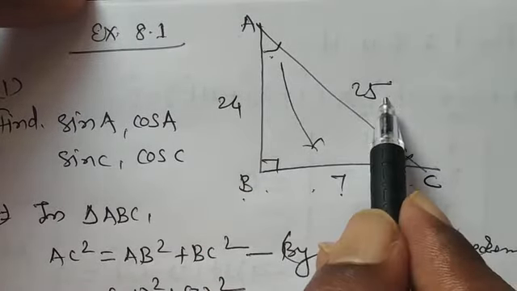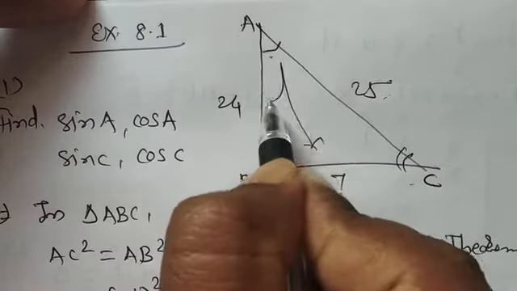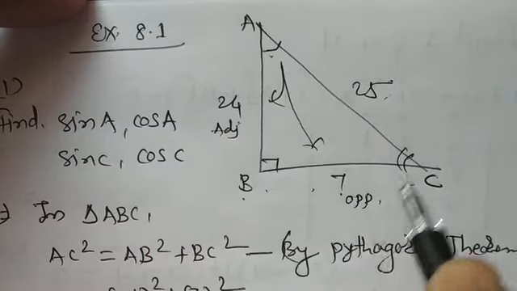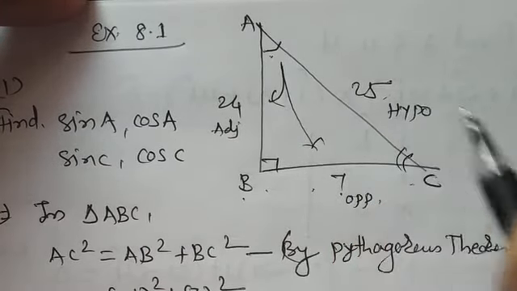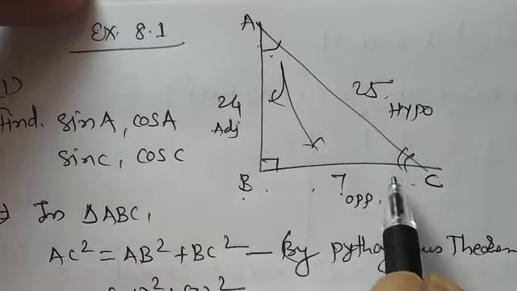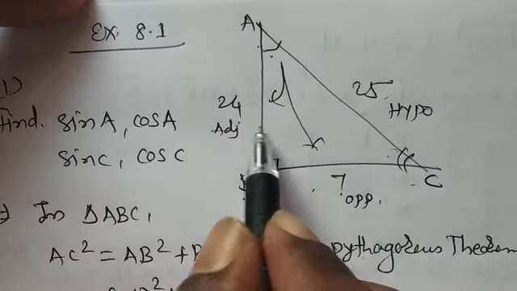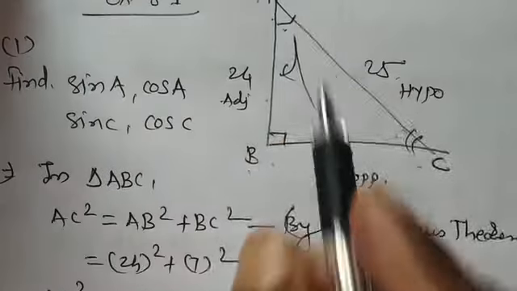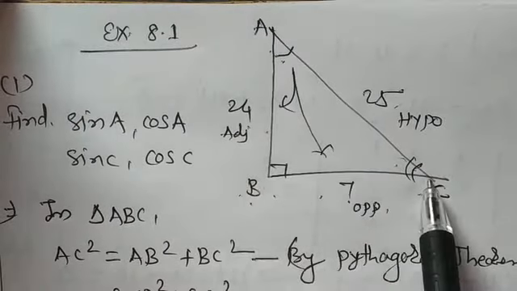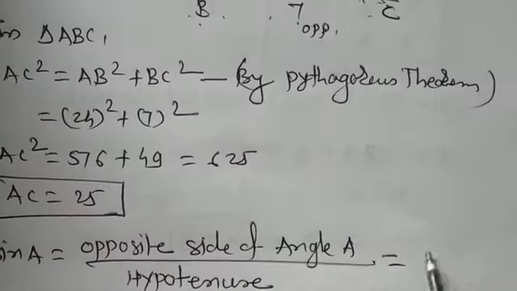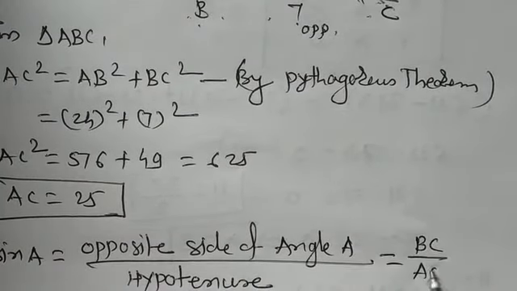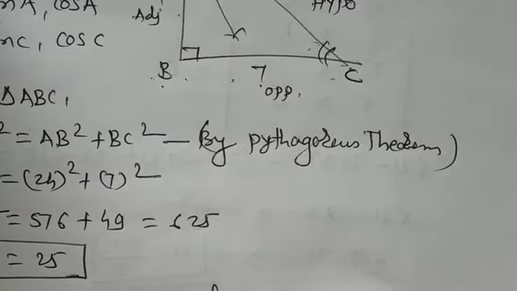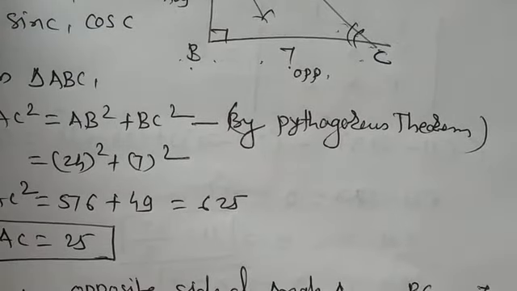What is the hypotenuse? This is the hypotenuse. Now check it every time. For angle A, this is the adjacent, this is the opposite, and this is the hypotenuse. For angle C, this is the adjacent and this is the opposite. So for sin A, opposite side of angle A is BC, upon hypotenuse AC. So I can write BC by AC, that is 7 by 25.